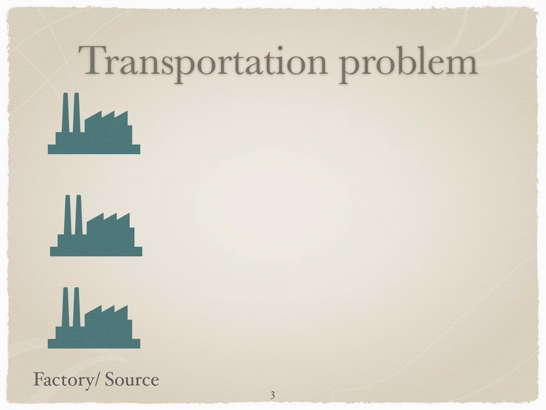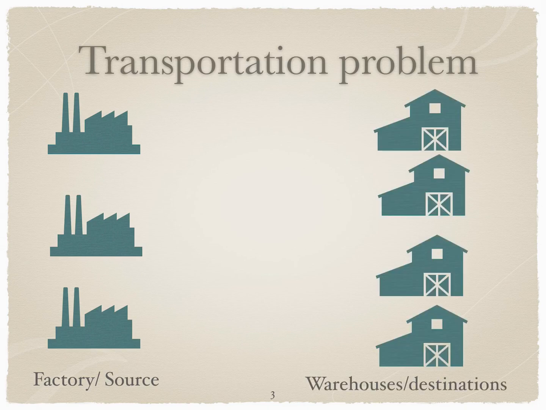Here three sources or factories are there from which we have to transport the material. There are 4 warehouses. We need to transport material from factories to warehouses.